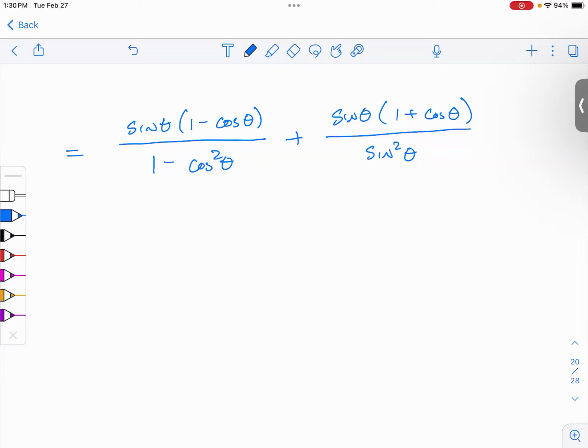Creating the common denominator doesn't get me anywhere if I just do the algebra approach there. All right, so then fundamental identity. And I am going to factor that in because I see that I have a positive and a negative.